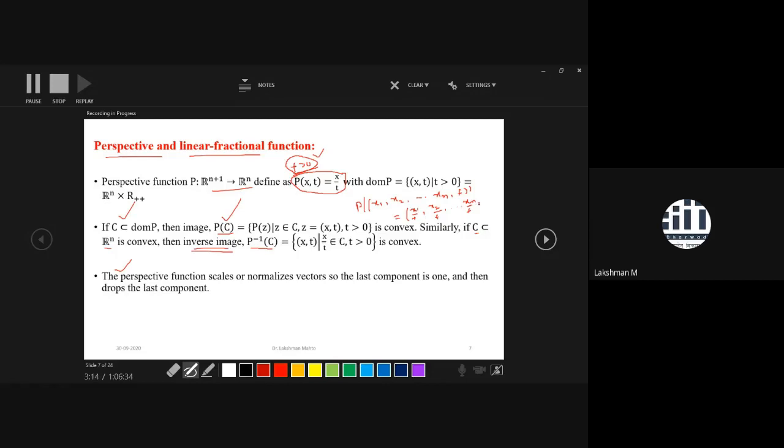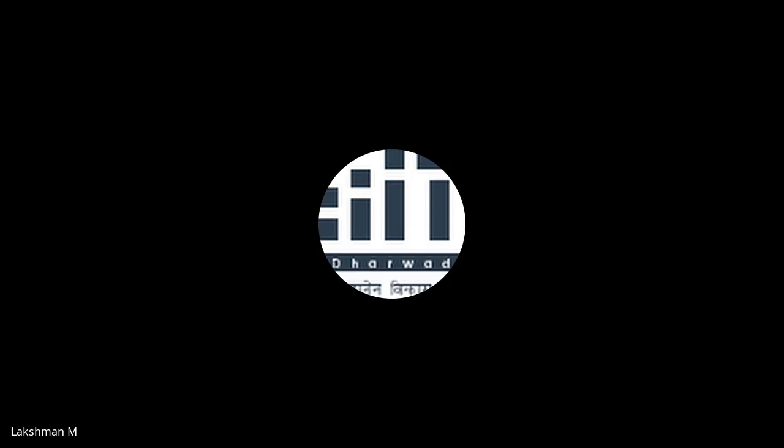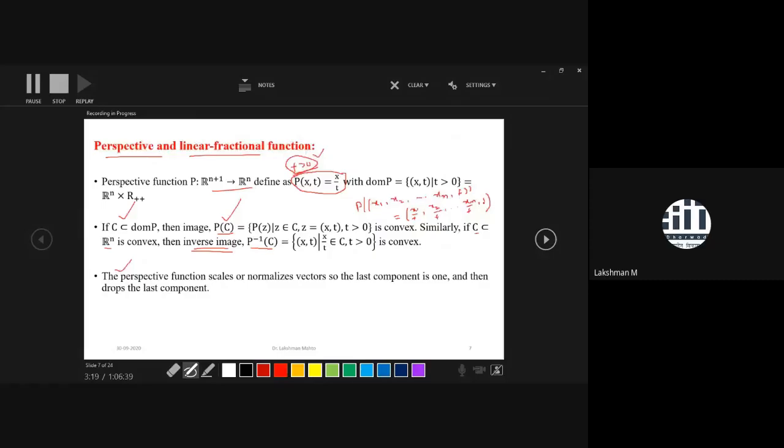And if you divide t by itself, the result is 1, which we don't need to keep in the definition. After dropping it, it takes this form. That means we had an n dimensional vector x and we divided it by t. The one is silent here.